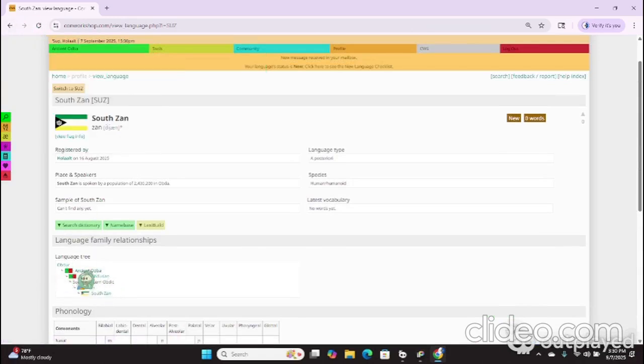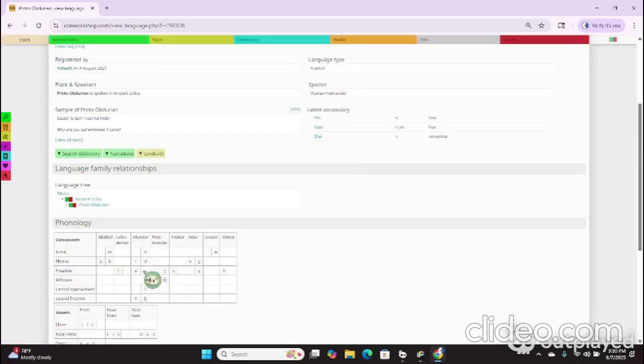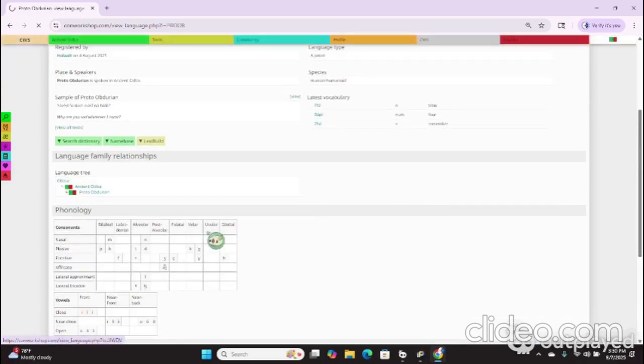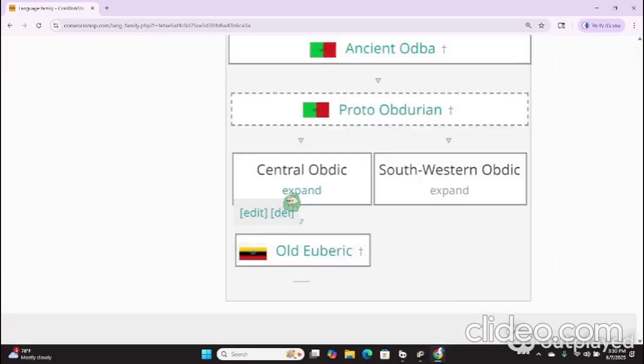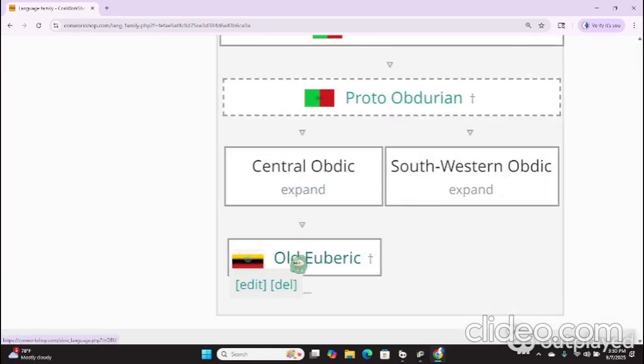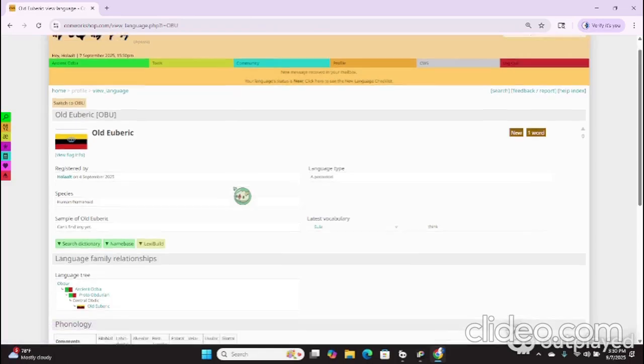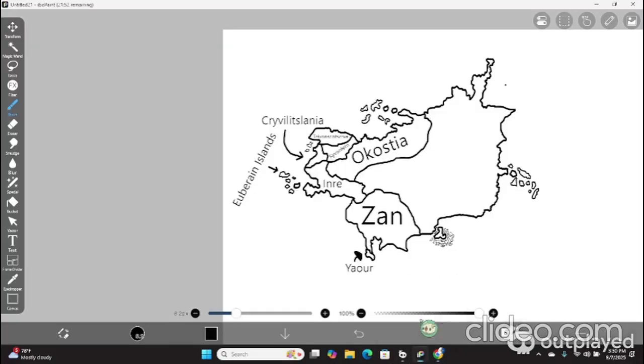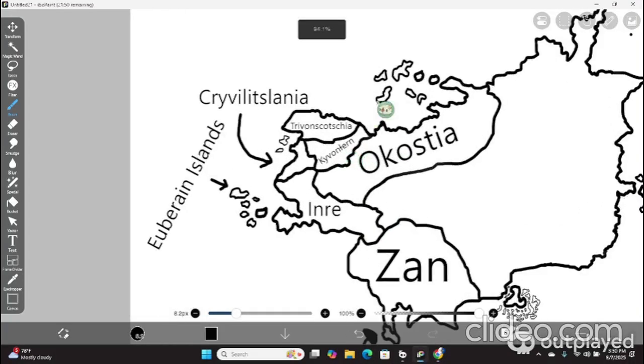Now moving on to the central side of the tree. Central Ubdic has so far gone into Old Uber. Uber is the part I was talking about earlier. Uber is this very western part, northwestern part of the continent.